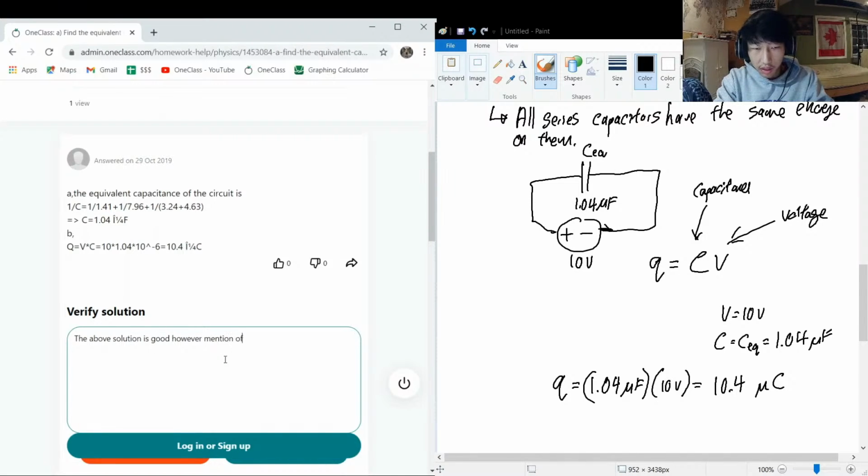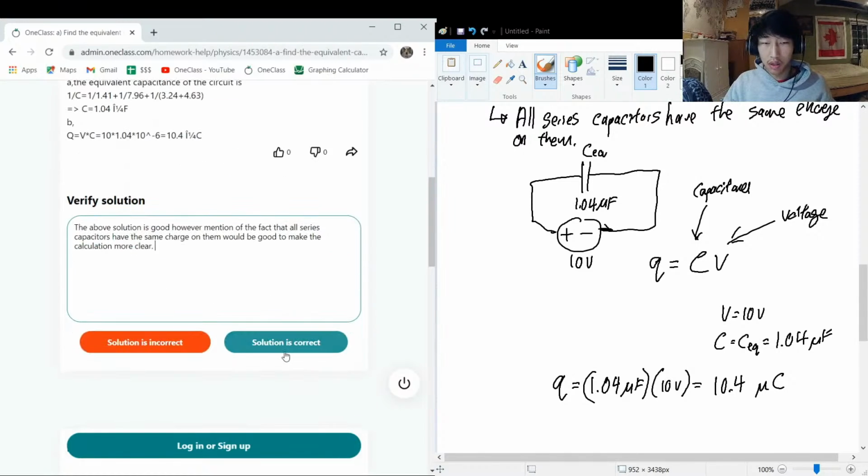However, mention of the fact that all series capacitors have the same charge on them would be good to make the calculation more clear. Awesome.